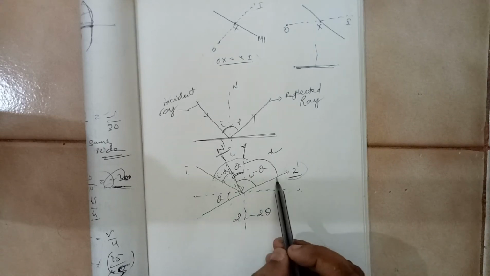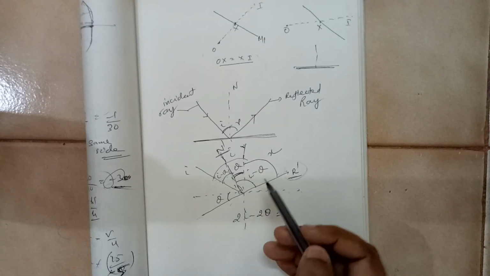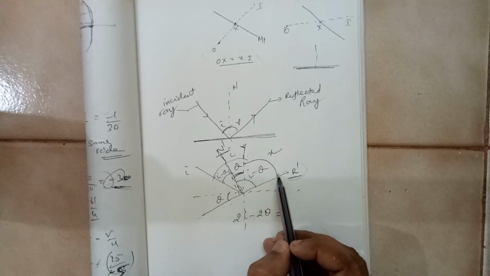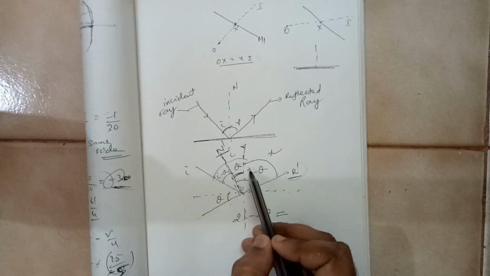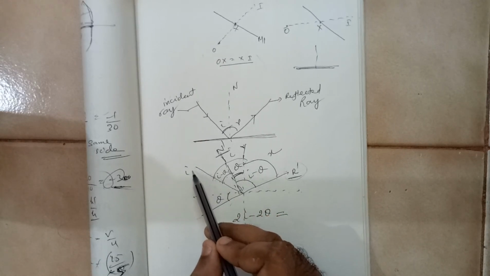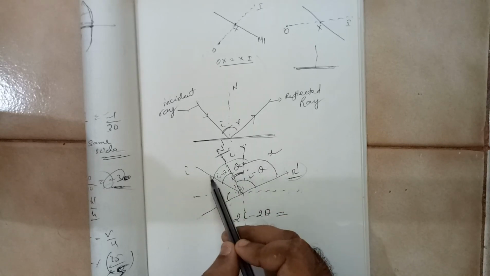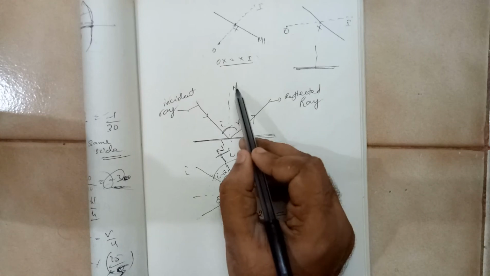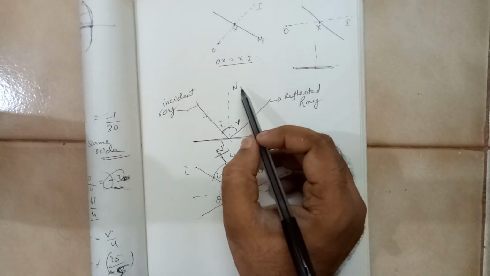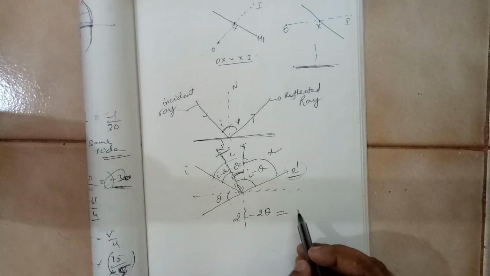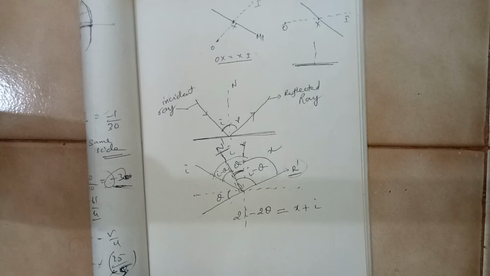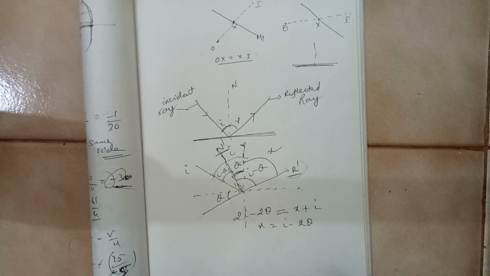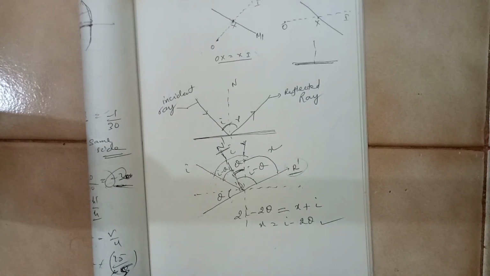This total angle between I and R dash is equal to x plus the angle between y and I, which is I, because the original y was the original normal direction. So from here you get x is equal to I minus 2 theta.